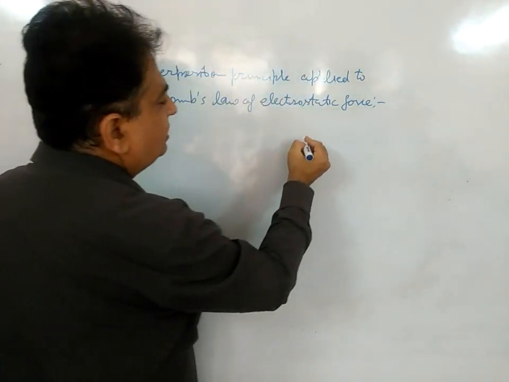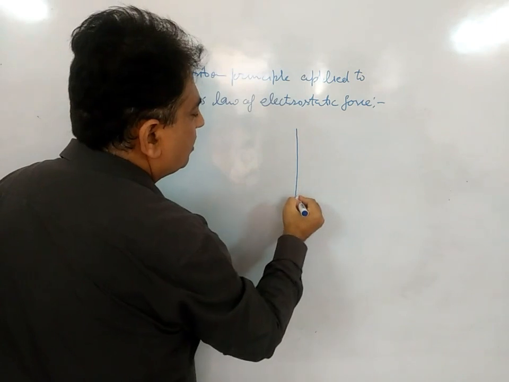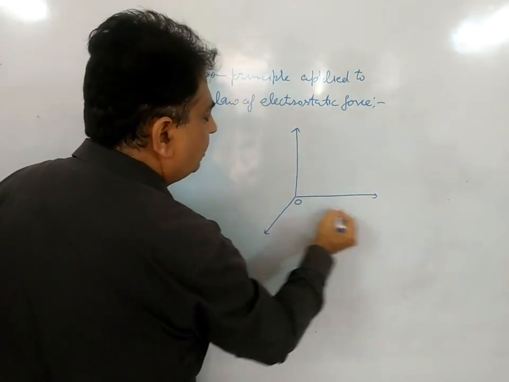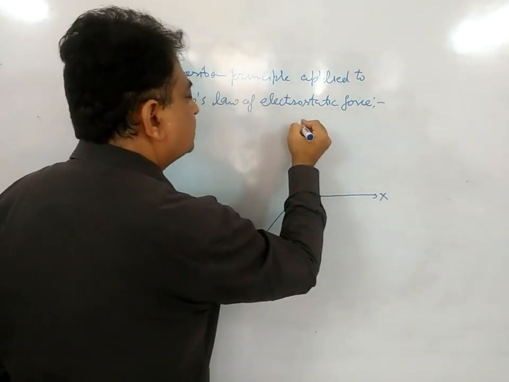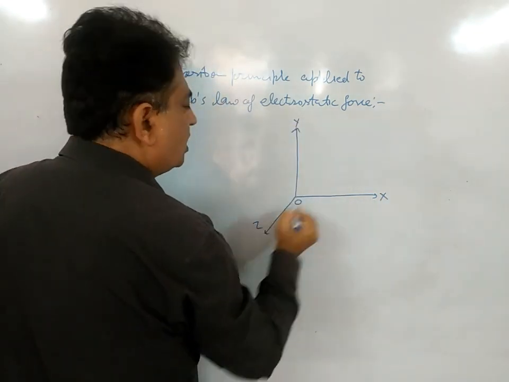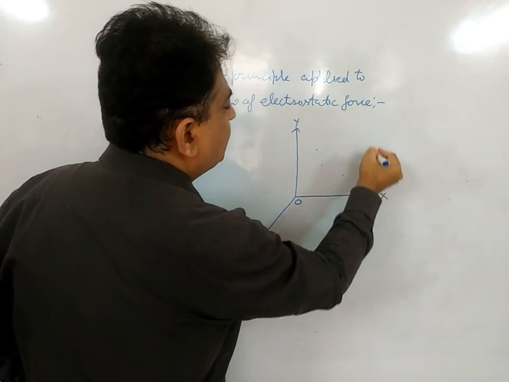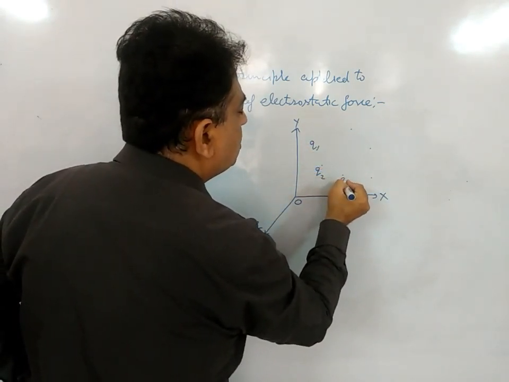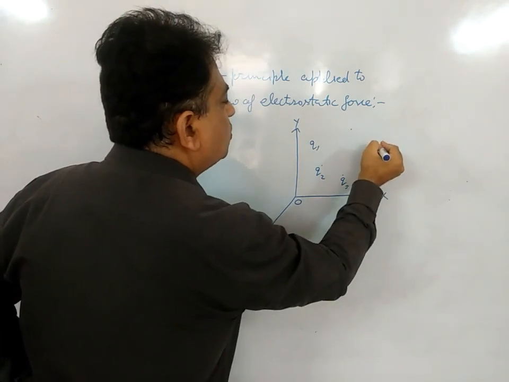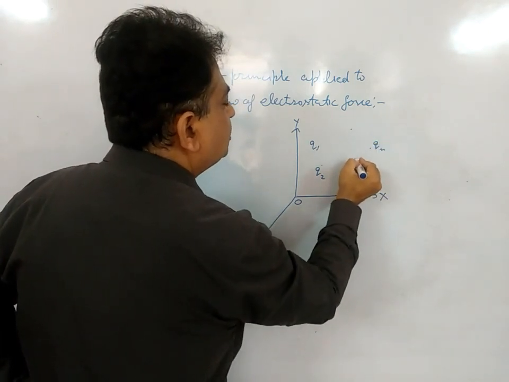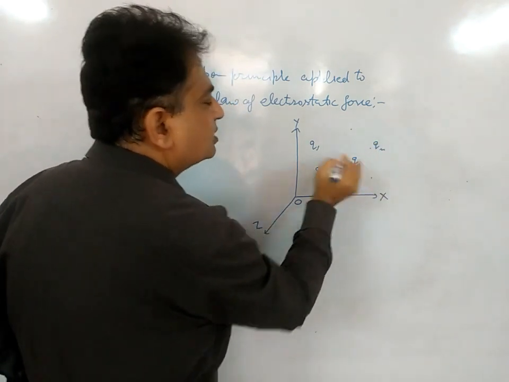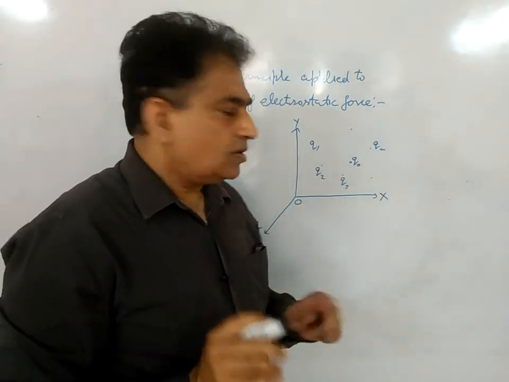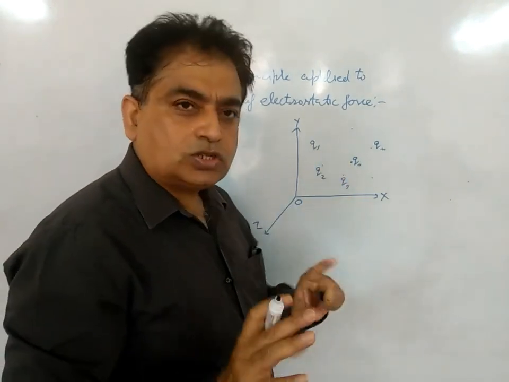Now to understand the concept better, we consider here the 3 axes. Now suppose that a number of point charges are present. This is Q1, this is Q2, this is Q3 and this is Qn, and this is any charge Q0, and suppose this Q0 is the test point charge where we have to find the force due to all the other point charges.